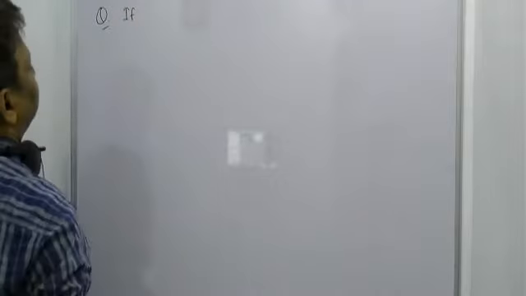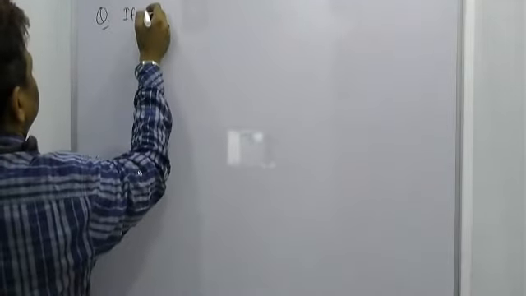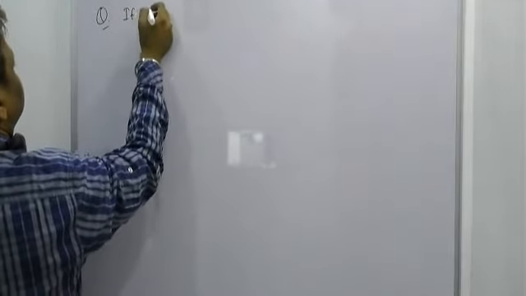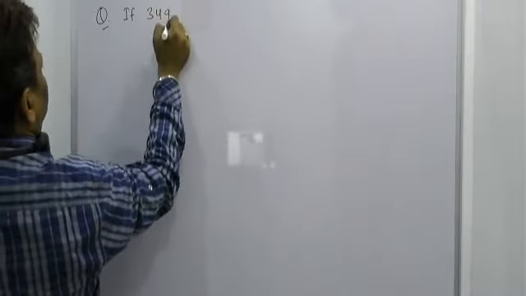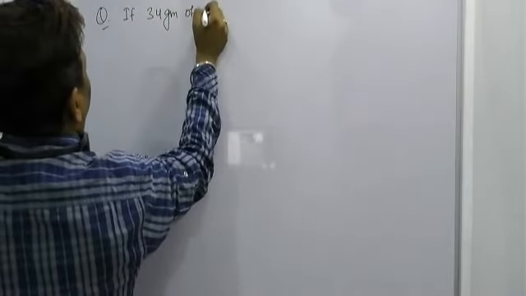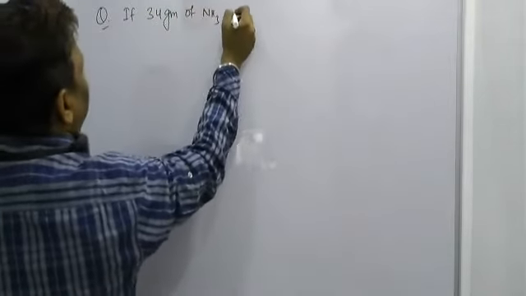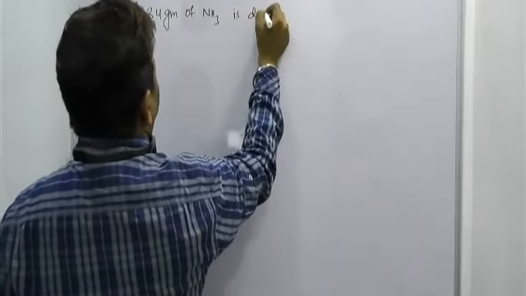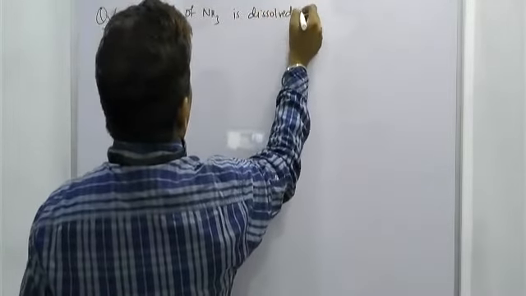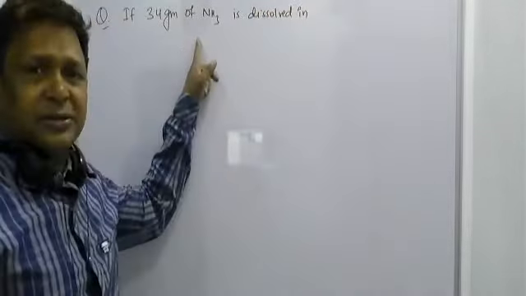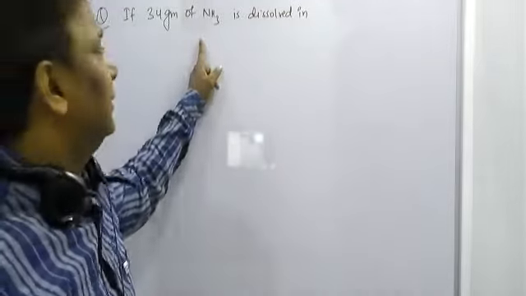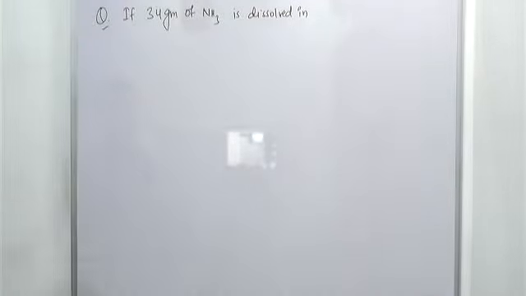If 34 gram of ammonia is dissolved in 100 ml of solution, ammonia NH3, gram molecular weight 17, and I have taken 34 gram of ammonia.